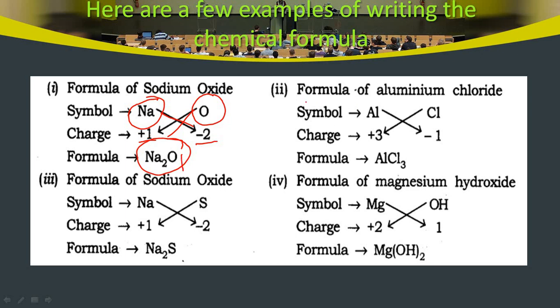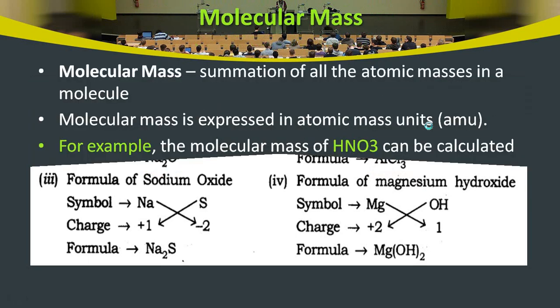For example, see another example, aluminum chloride. We know the aluminum symbol is Al, chloride symbol is Cl. We know that aluminum charge is +3, chloride charge is -1. Then again you crisscross, and you will see that the formula will come like AlCl3. So this is the way to find out the chemical formula of any compound.